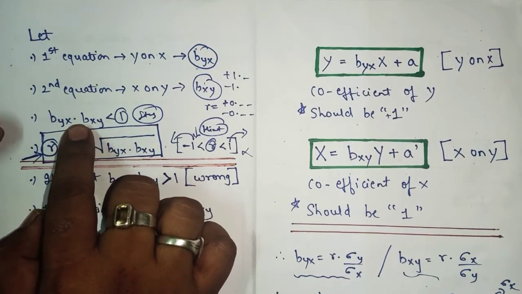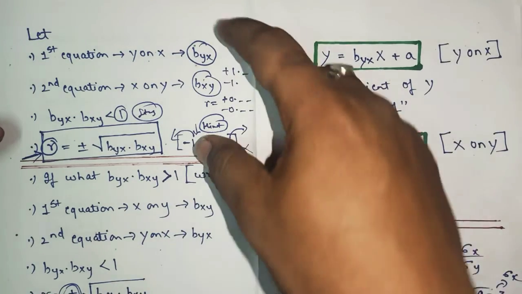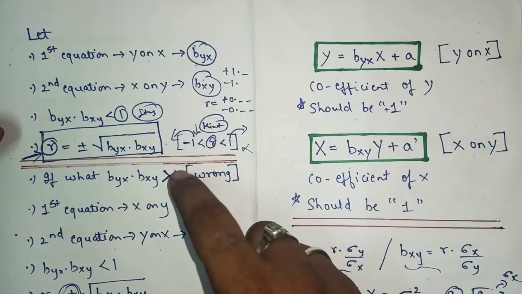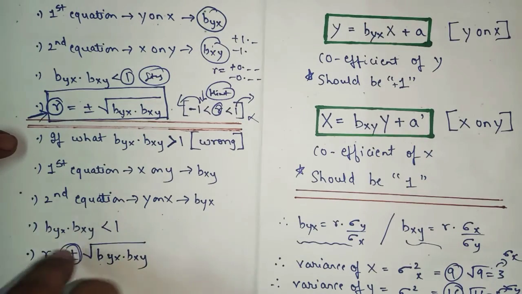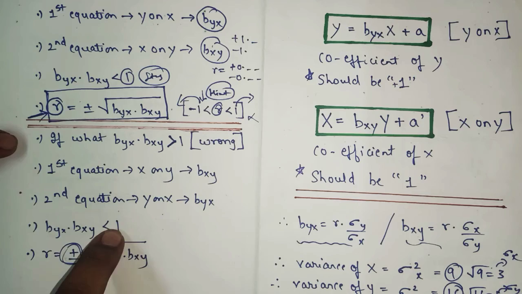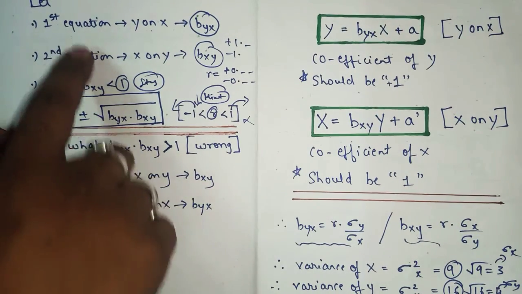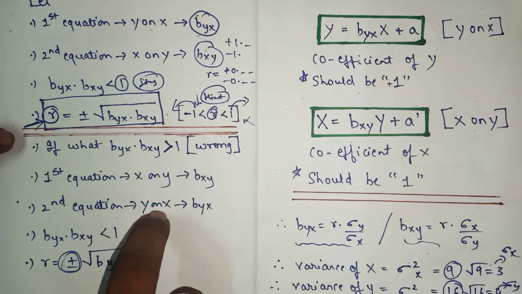If it is less than 1, our assumption is right. In case the first case fails, you have to move on to the second case, where you will check again that the product should be less than 1. There you will interchange the condition. You will consider the first equation as x on y and the second as y on x.